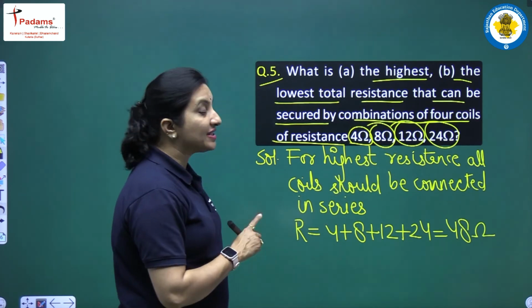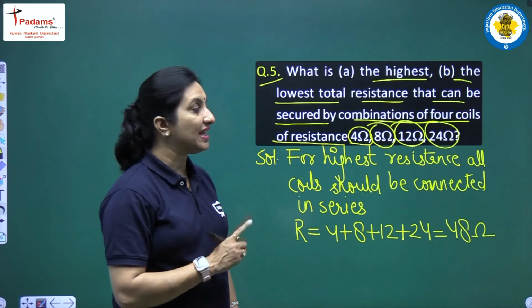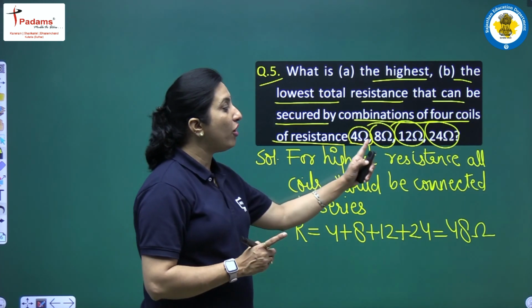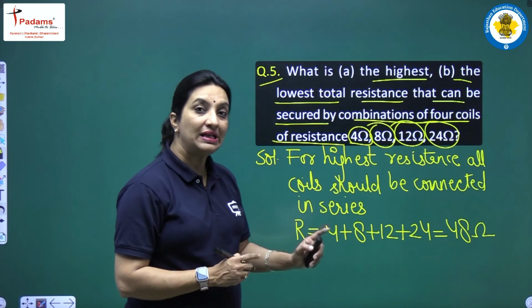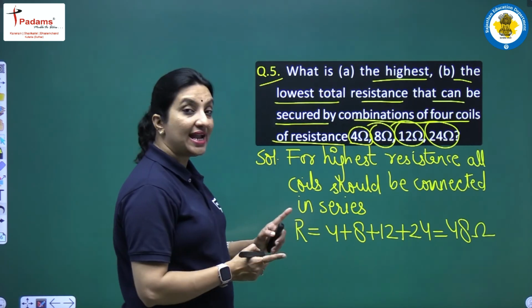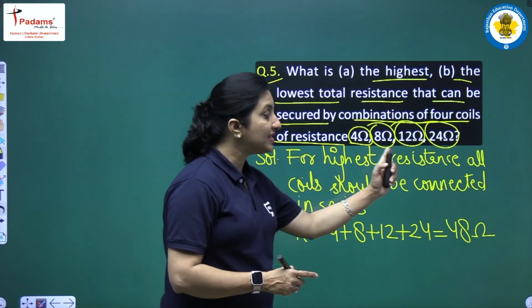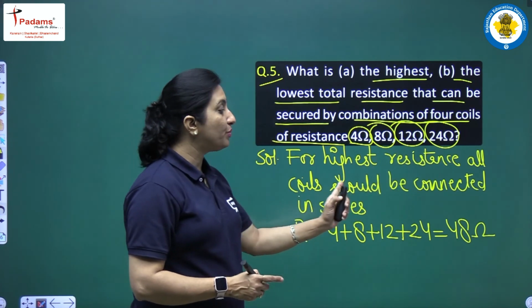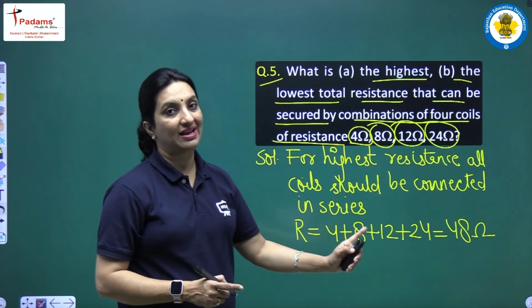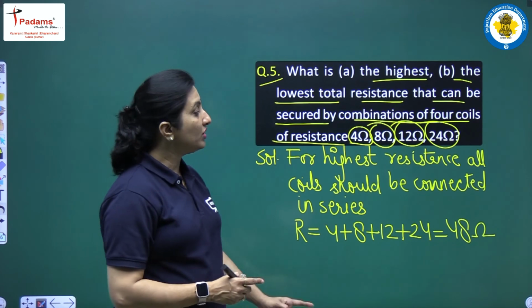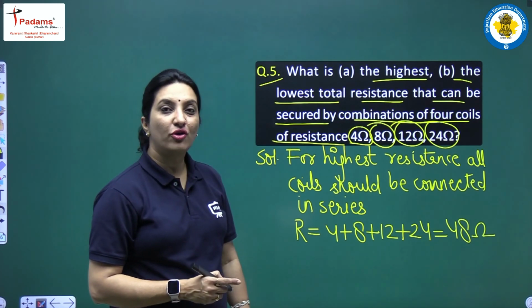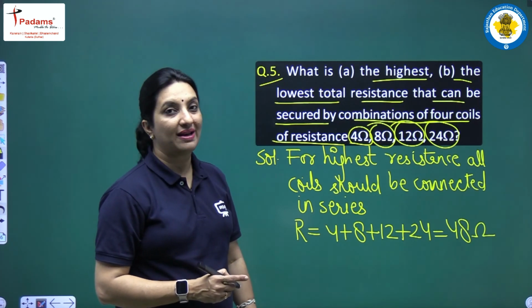Now what we need is, we need the lowest resistance, and for lowest resistance these all 4 will be connected in parallel. So what we will write? You will write that for lowest resistance all coils should be connected in parallel. Right students? So this 4, 8, 12 and 24 will be connected in parallel.